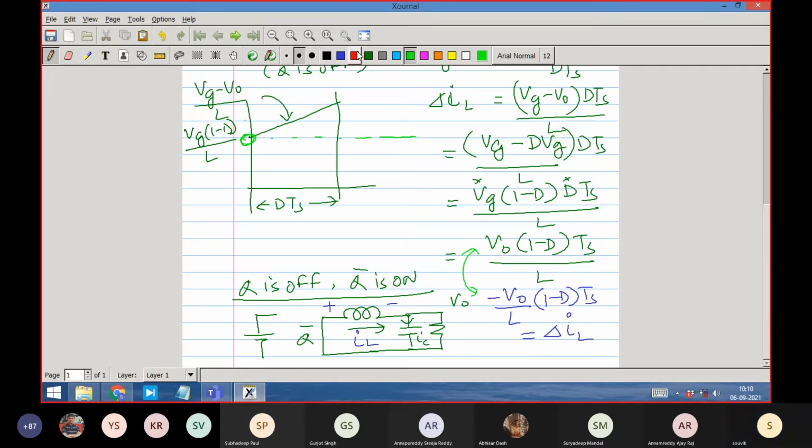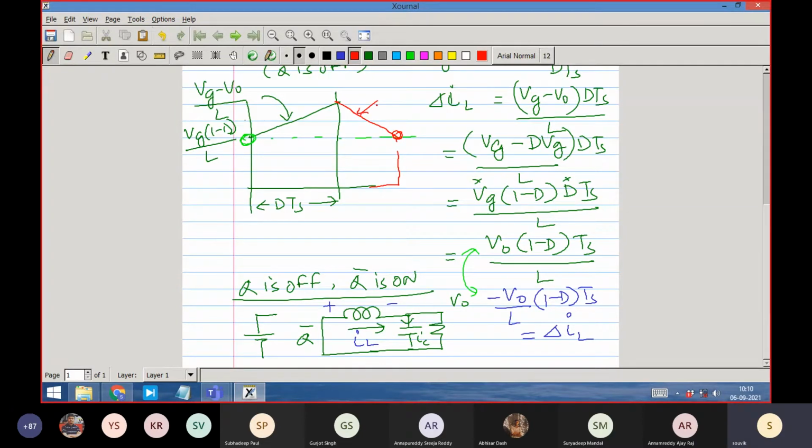These two values have to be equal. That's why the ripple magnitude in one case is V0 into 1 minus d Ts by L, and in the other case also it is V0 by L into 1 minus d Ts.